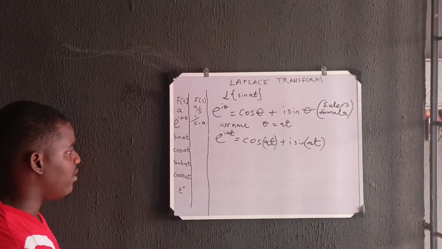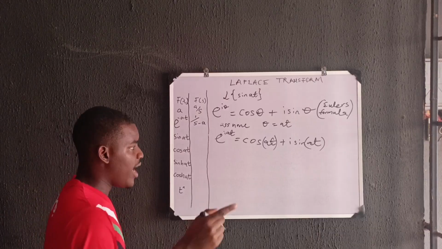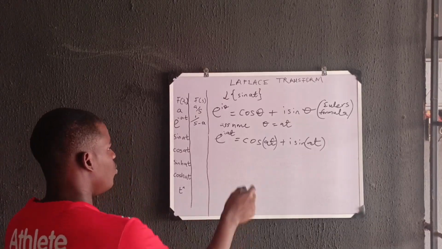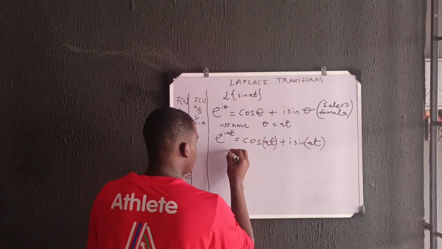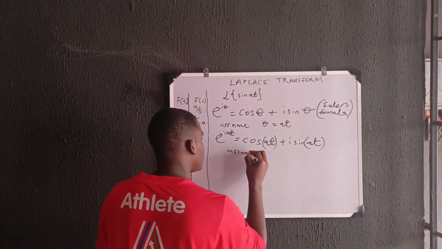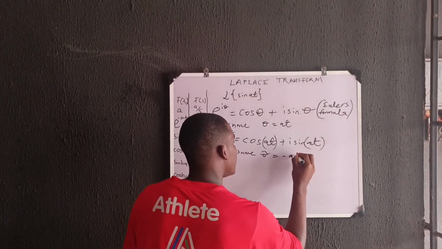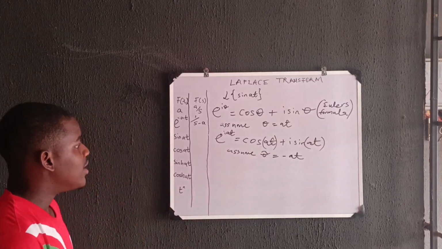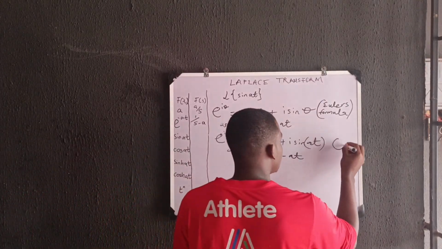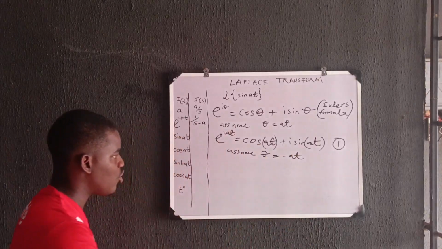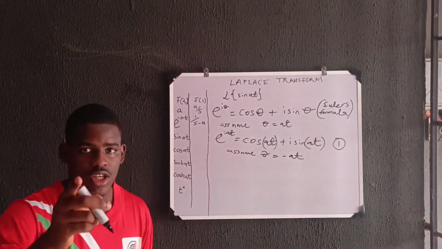This is what you're going to be having. And then there's something you should also do, which is assume theta is equal to negative at. Now, this is assumption 1. So this is our first assumption, and this is our first equation.